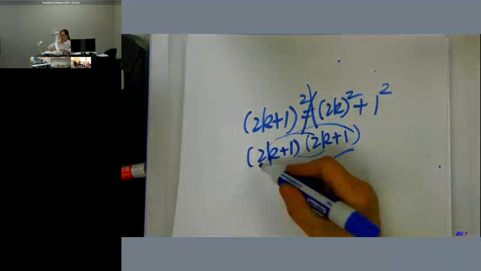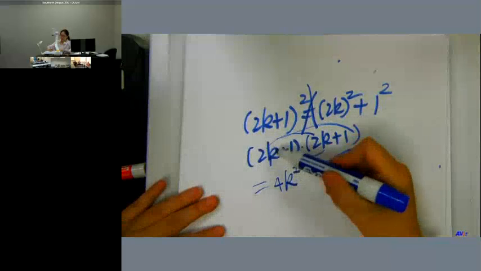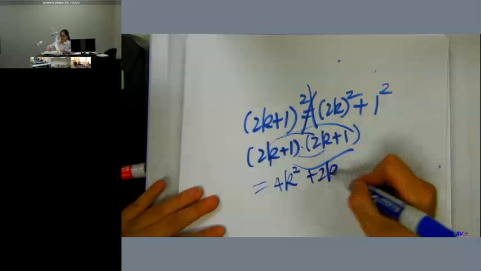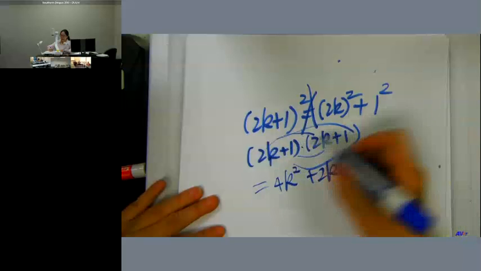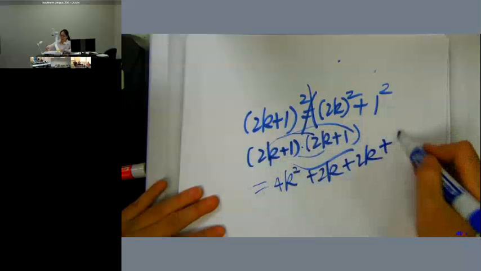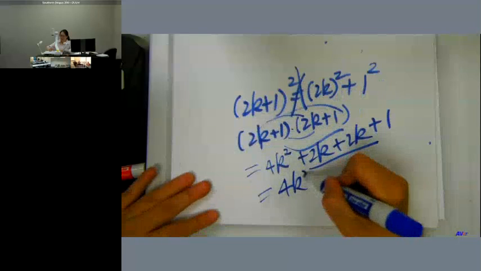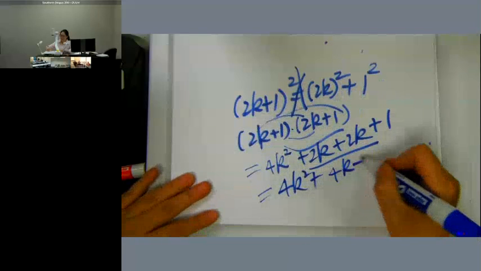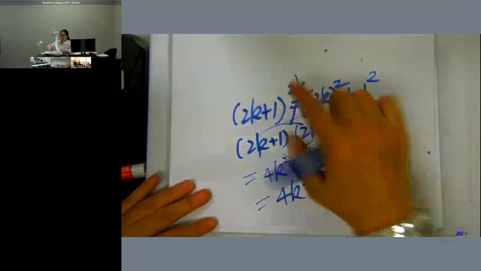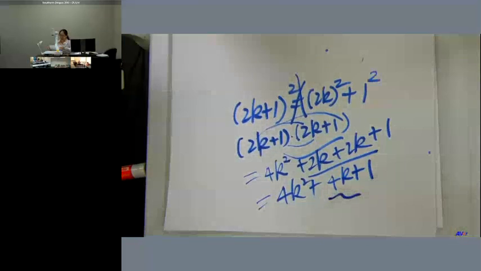So you should get 2k times 2k, which is 4k squared. And 2k times 1, that's 2k, and 1 times 2k, that's 2k, and 1 times 1, which is 1. Combine these two like terms, you are going to get 4k squared plus 4k plus 1. So please don't try to do 2k squared plus 1 squared. You're going to be missing a term right there.